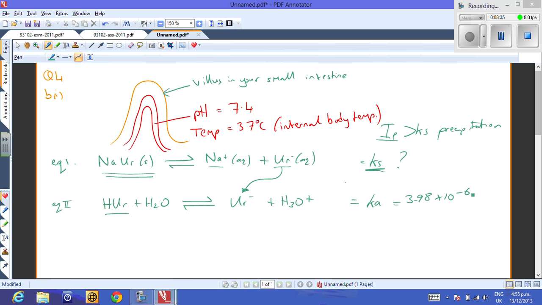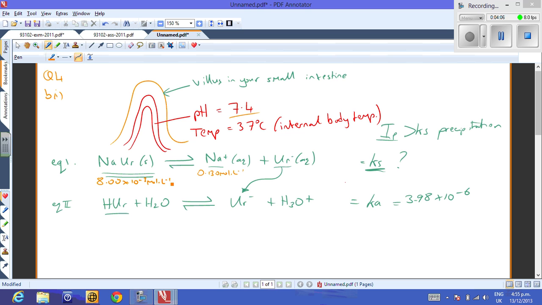We can also assign a few other numbers as well. I'll just use a different color. This is the beauty of laying things out as equations. The concentration of sodium ions at pH of 7.4 you're given from your question as being 0.130 moles per liter, so you can write that in there. Your concentration of sodium urate, because you're talking about its solubility at 37 degrees Celsius, is 8.00 by 10 to the minus 3 moles per liter.